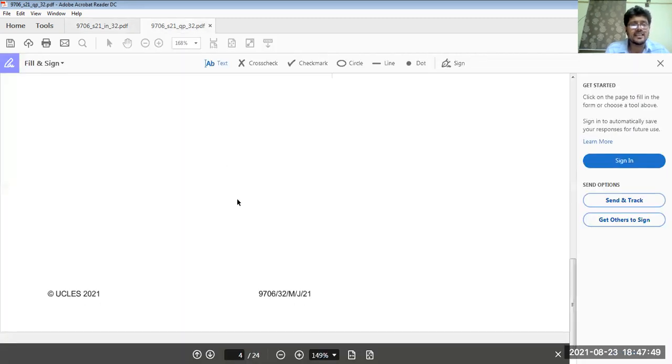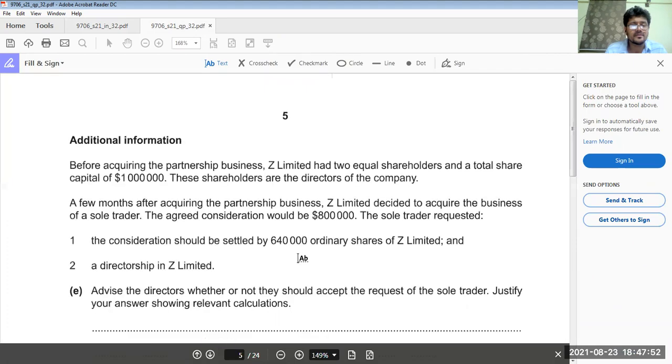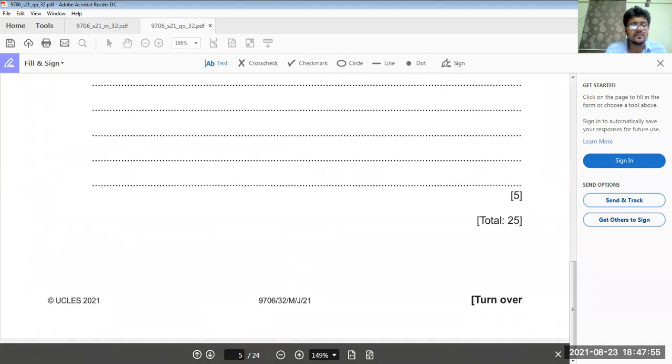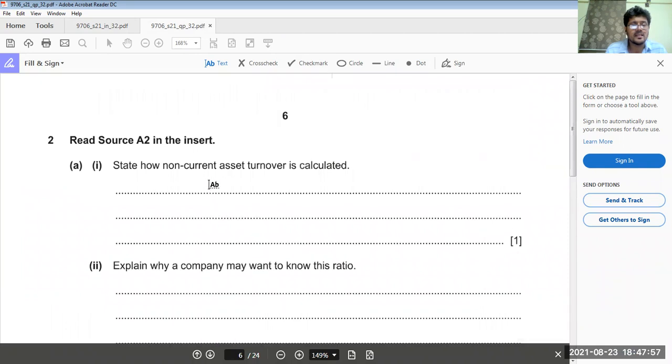It's calculated like this: non-current asset turnover is equal to sales revenue divided by net book value.